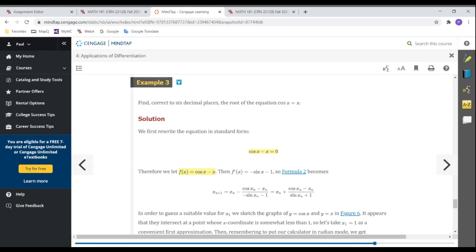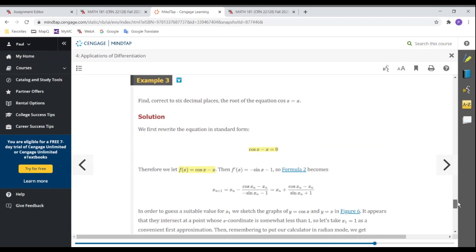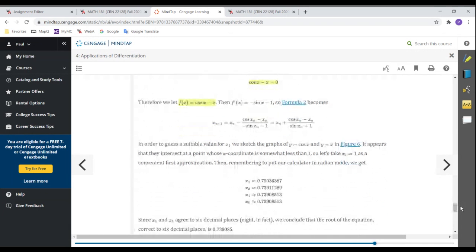I'm trying to show you a variety of examples, and you would work this out. Again, the starting point: how do we pick a starting point?